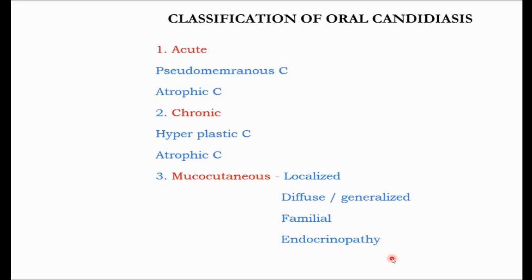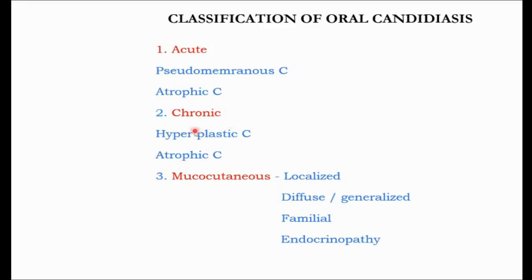So let's look at the classification. Very, very important. It's easy also because it's broadly classified as acute and chronic. Okay. Please look at the table. It will be easy for you to understand. Under acute, there is pseudomembranous candidiasis and atrophic candidiasis. And under chronic, there is hyperplastic candidiasis and atrophic candidiasis.